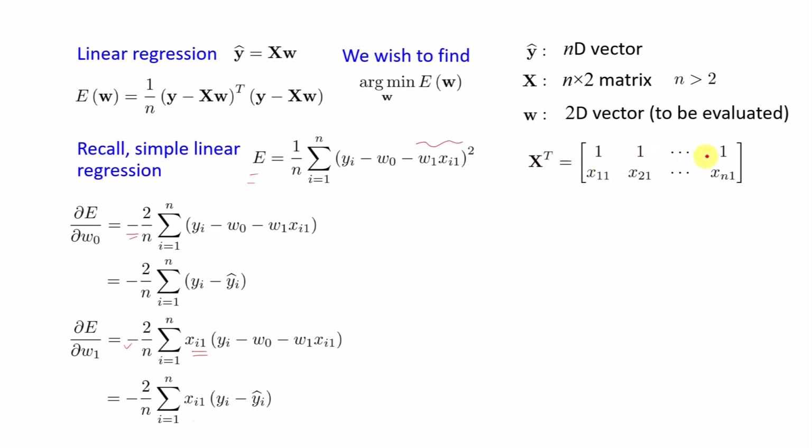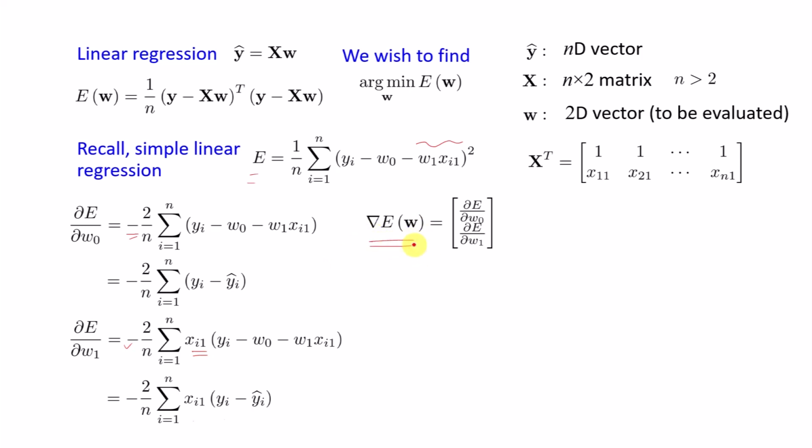For X, the 1, 1, etc. go to the first column, and the second column is x11, x21, etc. So we are transposing it. The first row is 1, 1, 1, and the second row is x11, x21, etc. So now this summation here, I want to write it in terms of x and y vectors. Let us see how we can do so.